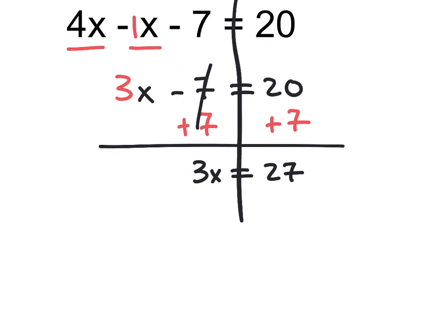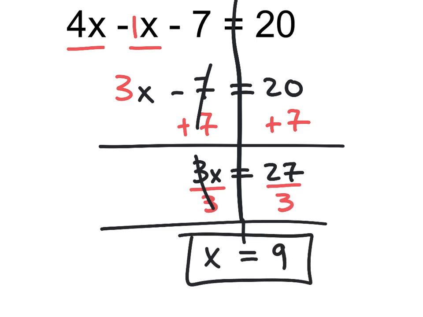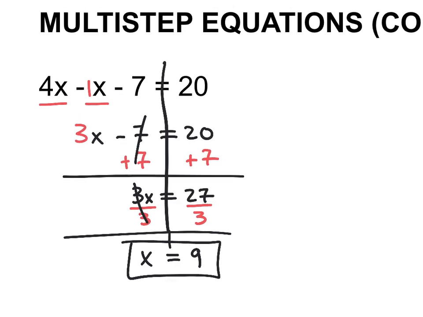Now we have a one-step equation. And here, I can divide both sides by 3. All right, to move that 3 over, that's the opposite of multiplying by 3. And then our last step, drop down our x, and then we've got 27 divided by 3, which ends up giving us 9, okay? And that's our answer for that. That's how we solve that equation.